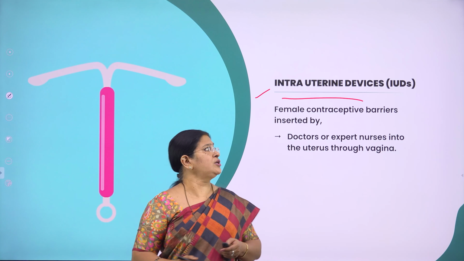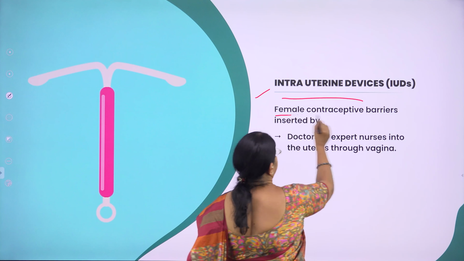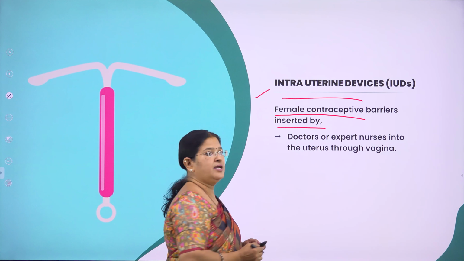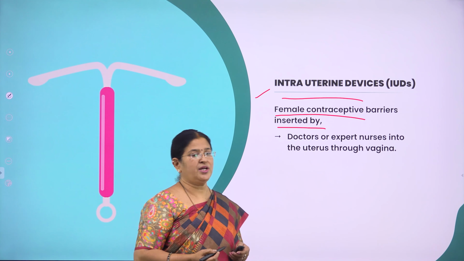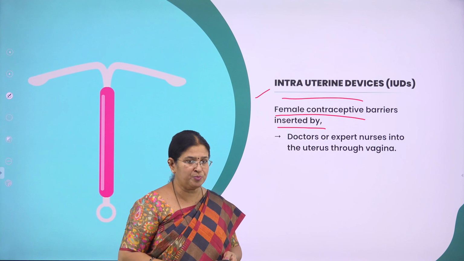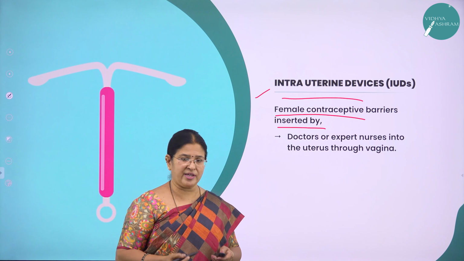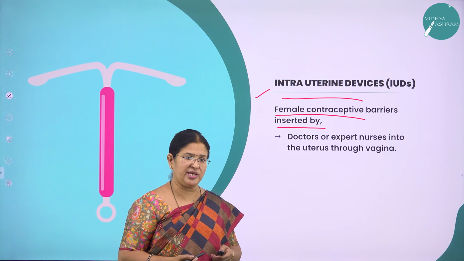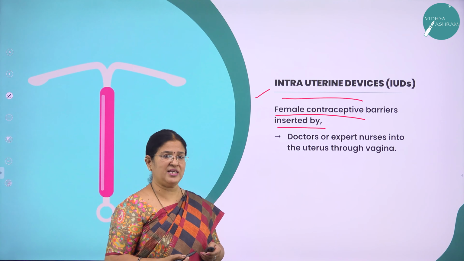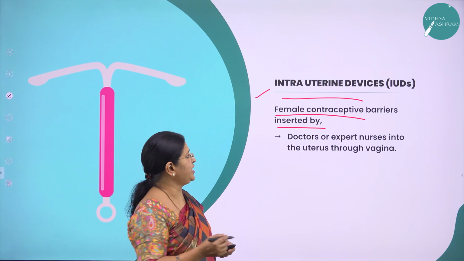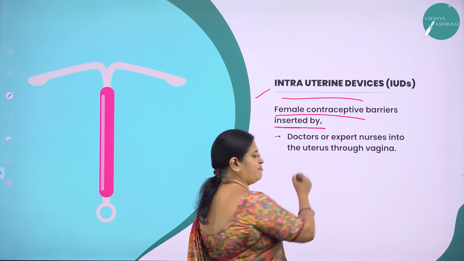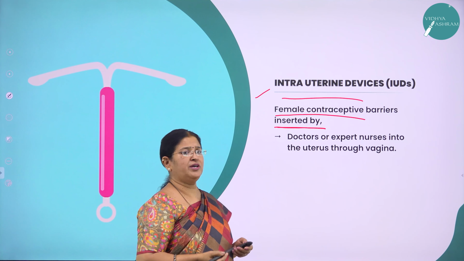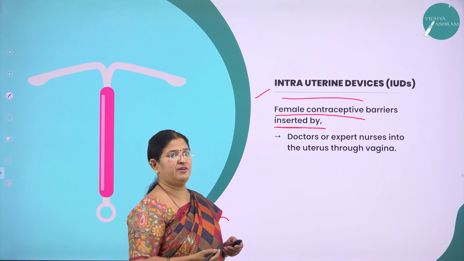Then moving on to intrauterine devices. So what are these? These are the devices like the loops or the rings or the spirals, made up of either plastic or copper or stainless steel, and those should be inserted. The very word itself will tell you, intrauterine devices.